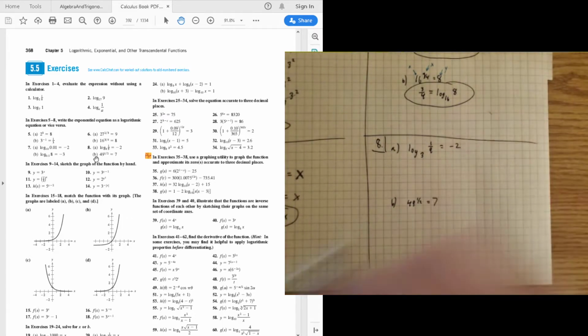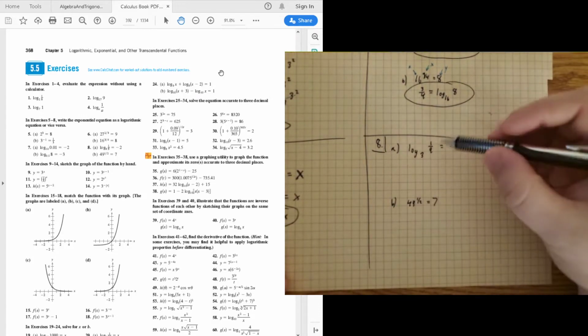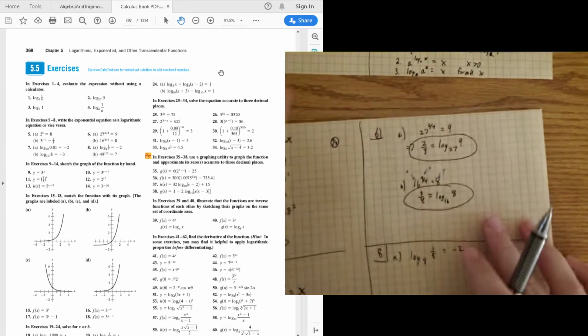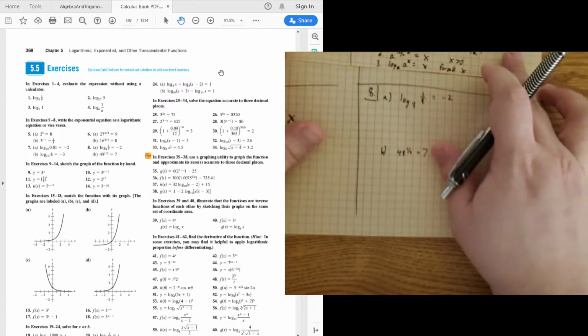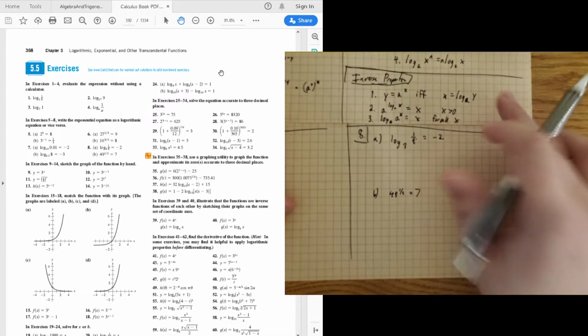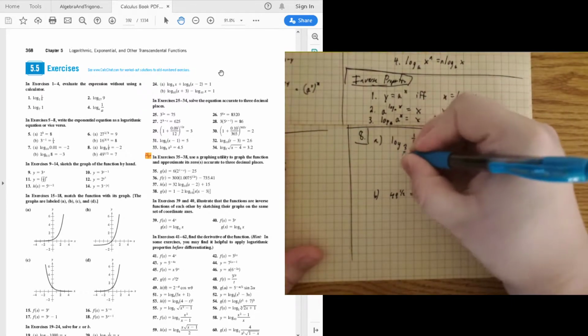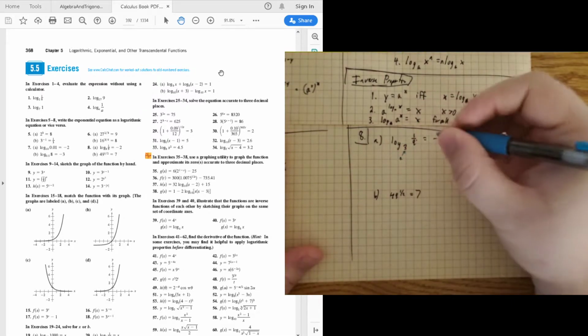So in this function, let's take a look at what happens. We have a base, a number, and a number outside. According to my list of properties, I can invert this log and turn it into an exponential. In this case, 3 is going to be my base, so it's going to be my a.